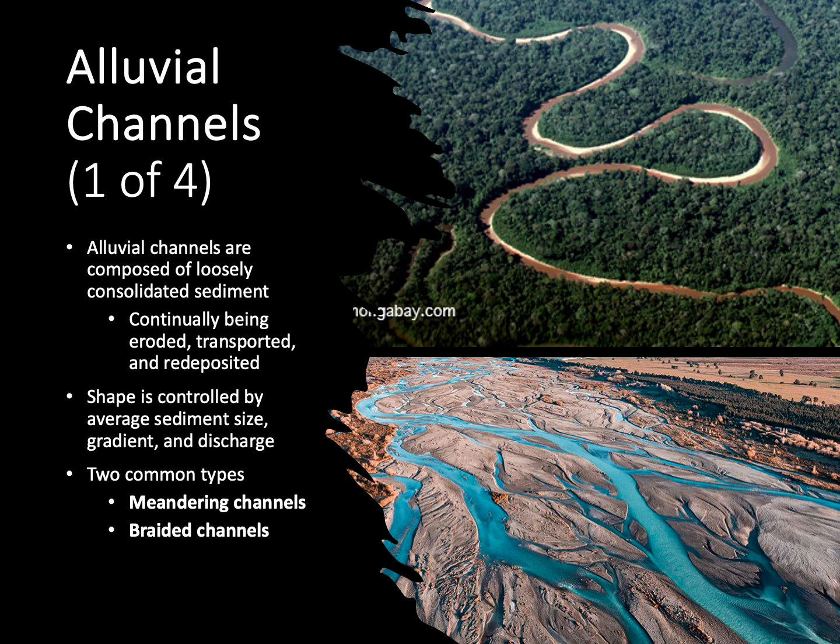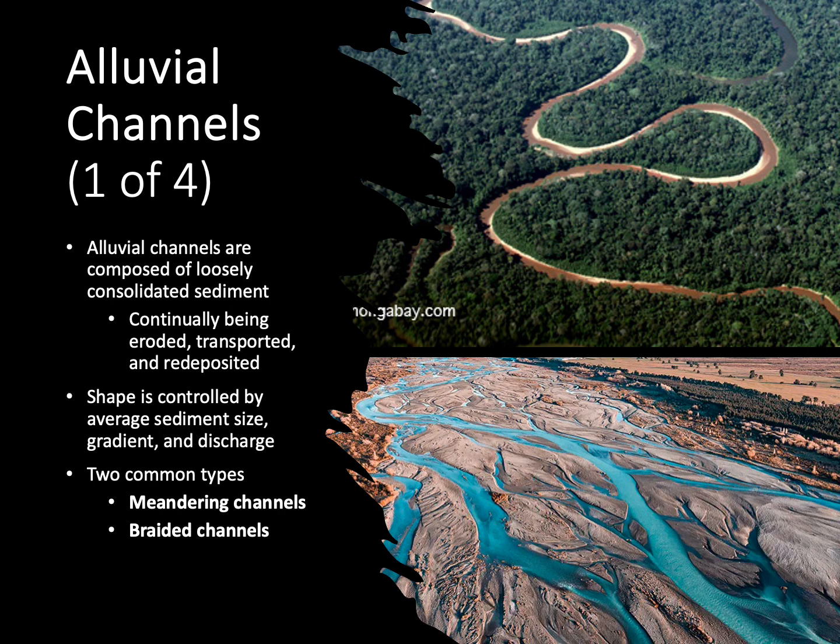And we're going to see that the shape of these channels is going to be controlled mainly by the sediment size and a little bit by the gradient and the amount of water flowing through the stream. But with our alluvial channels, we're going to have two different types depending on how much water is moving throughout the year.